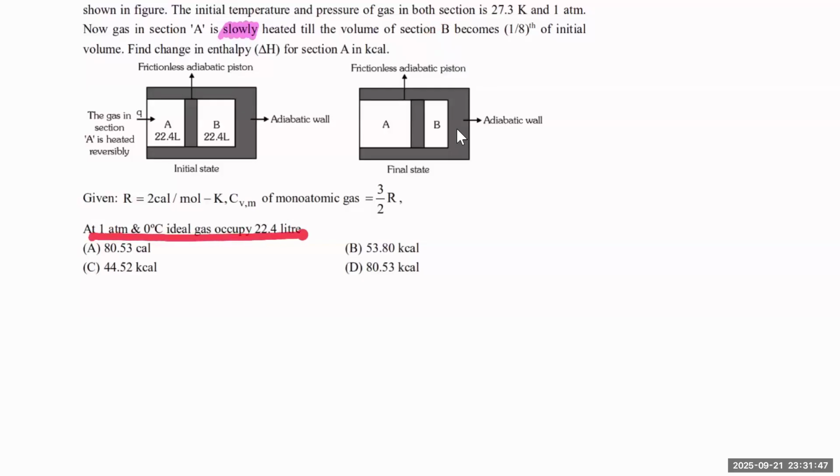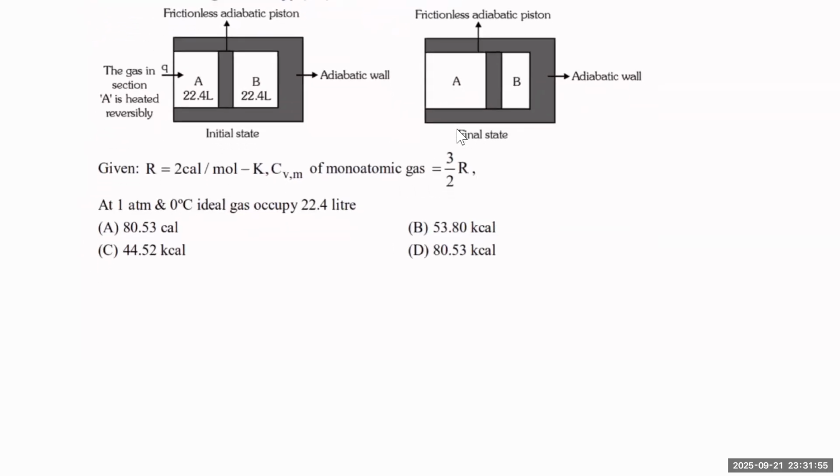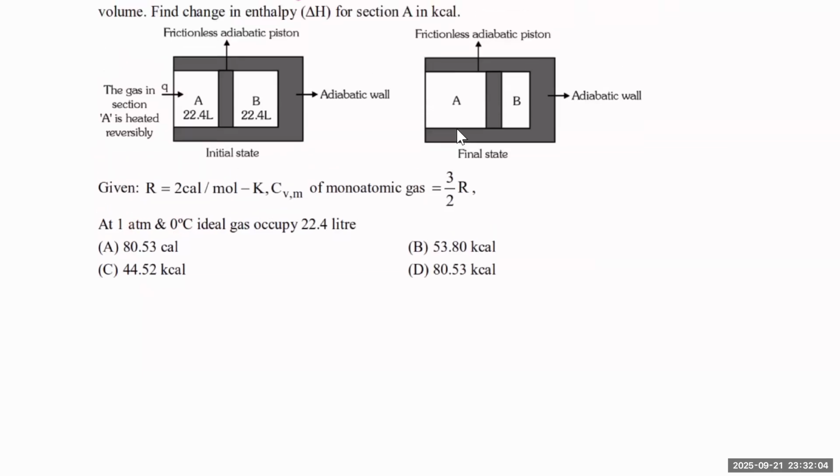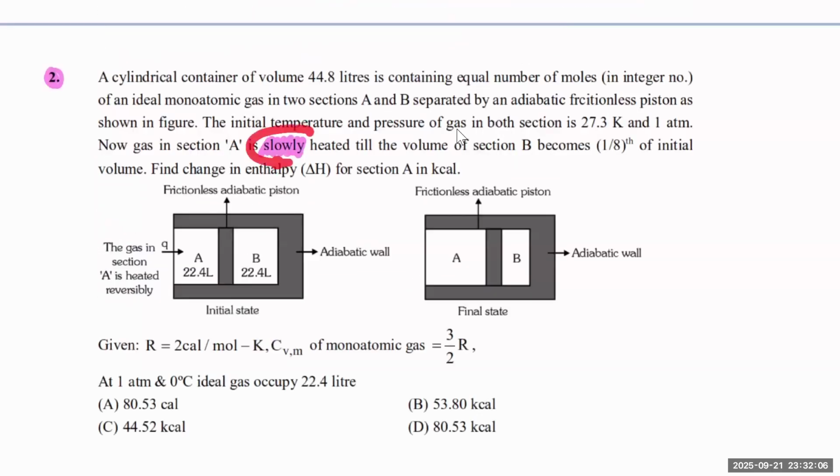At 1 atm and 0 degrees, we know that this is the STP value given to us. Correct? So you would notice that initially the volume is given 22.4 liters and also the pressure is 1 atm and temperature is 0 degrees Celsius. Okay. Have you noticed something? The word slowly is used.